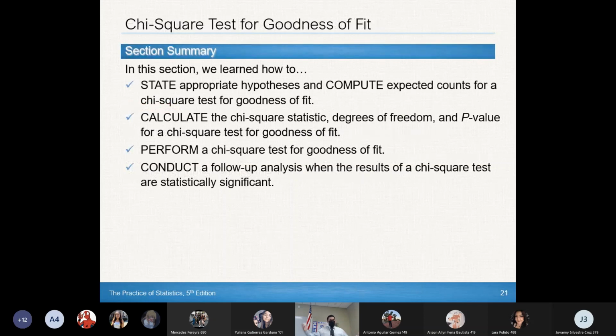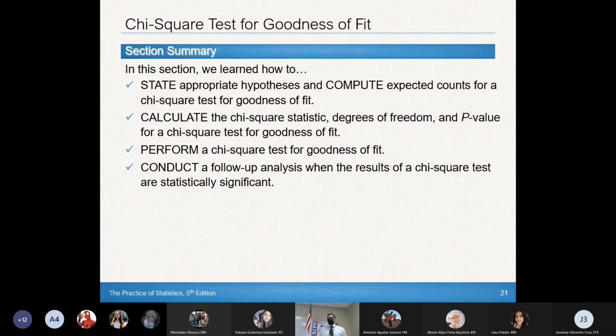So then that is the presentation for the chi-square test for goodness of fit. This follows essentially the same pattern of our significance tests that we've done in the previous chapters. It's just now we're dealing with counts.